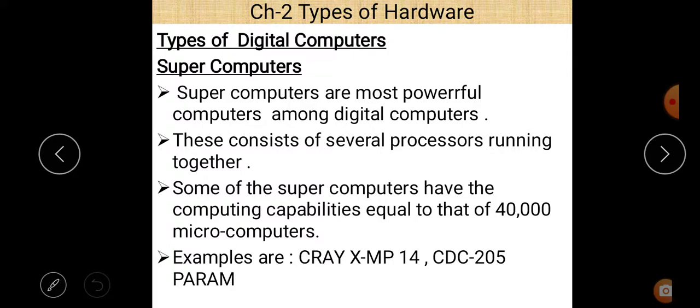Examples of supercomputers are Cray, XMP14, CDC 205, Param, etc. And always remember that supercomputers work on the concept of parallel processing, and having more than one processor is part of parallel processing.